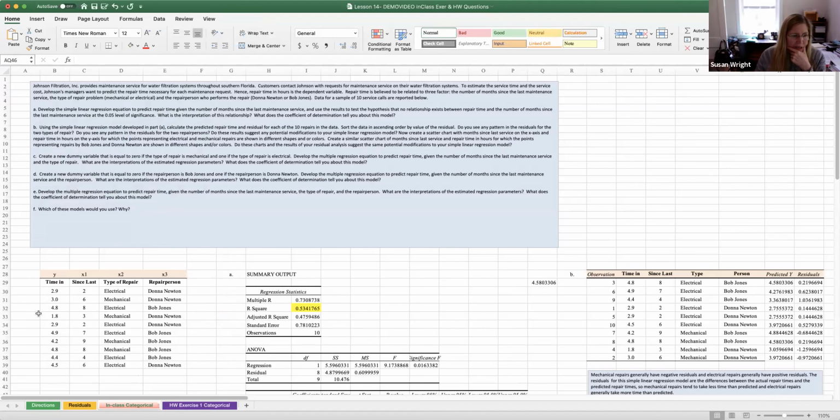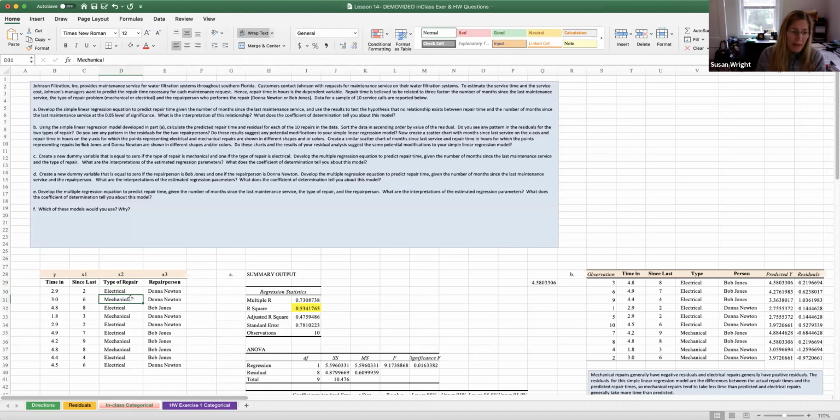All right, so data, what we have here is, this is the Y variable, the amount of time. This is the number of months since they did the repair. So this is a repair example. I'll walk you through the example in a second. I just want you to look at these. This is the amount of months since the repair. This is the type of repair. So notice this is a categorical variable. And you've got two options, either electrical repair or mechanical repair.